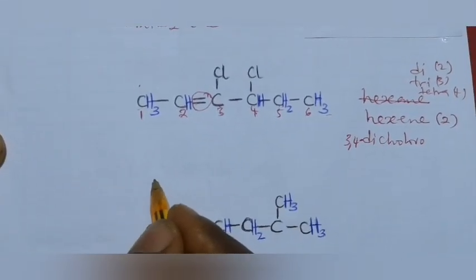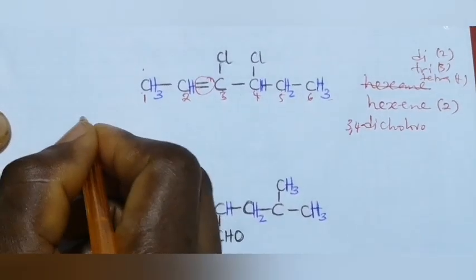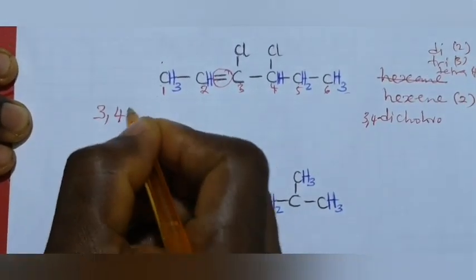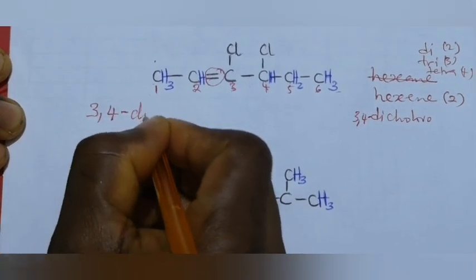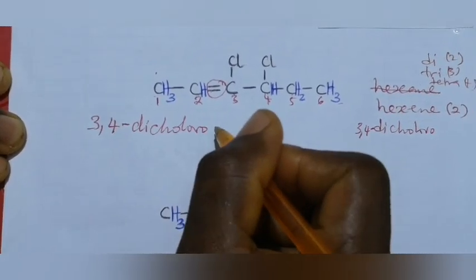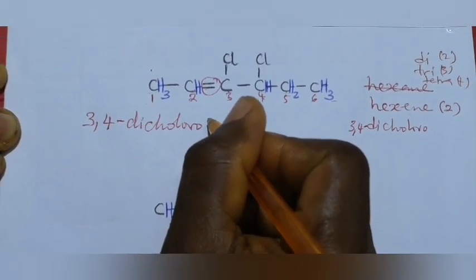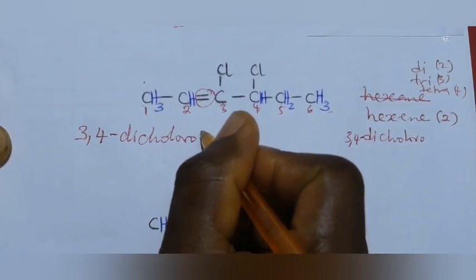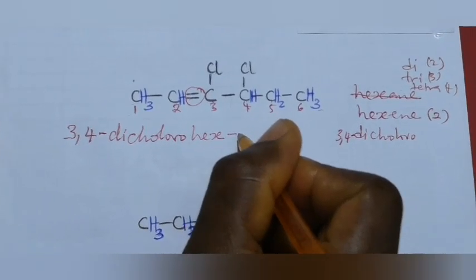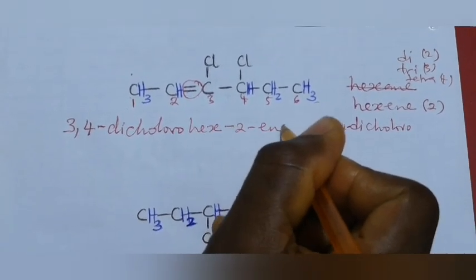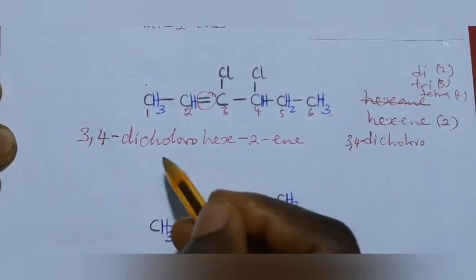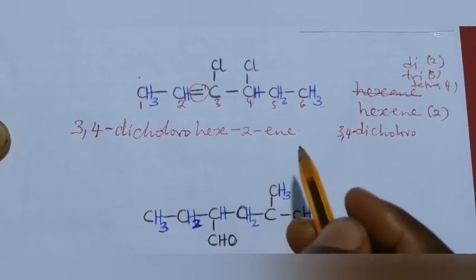This compound is going to be named 3,4 dichloro hex-2-ene. Okay, so this is 3,4 dichloro hex-2-ene.